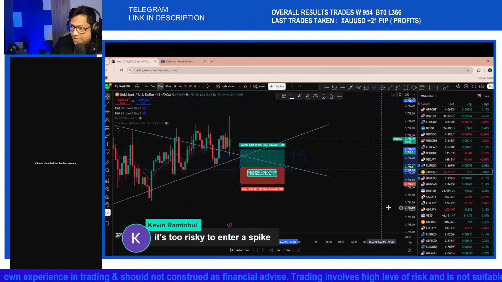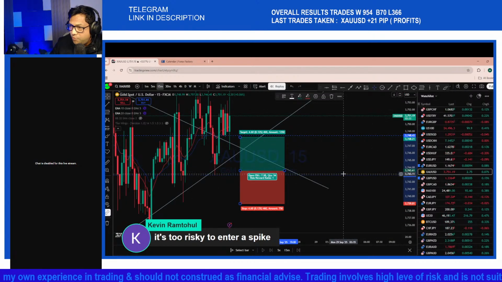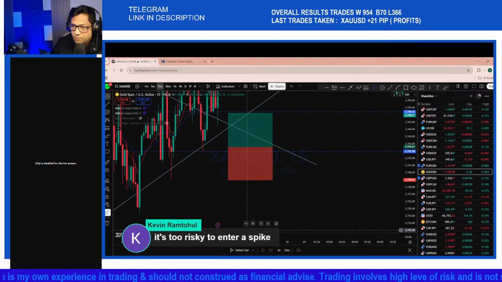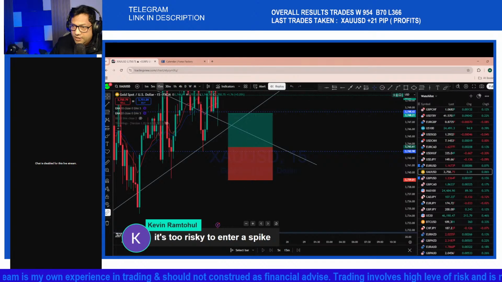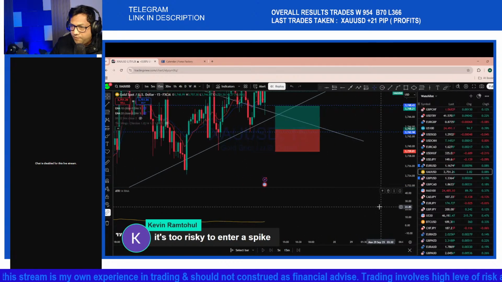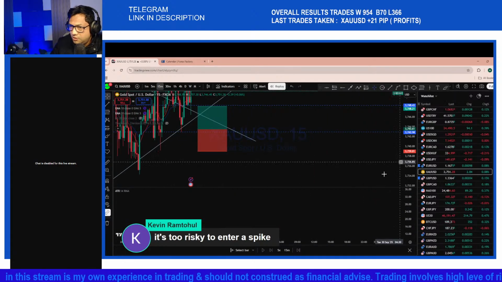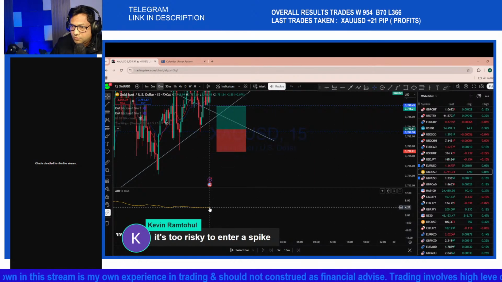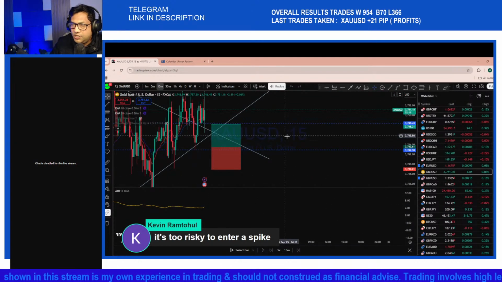So I'm placing at 3743.61, and this is a 50-minute chart, so there will be a 1.5 ATR stop loss.